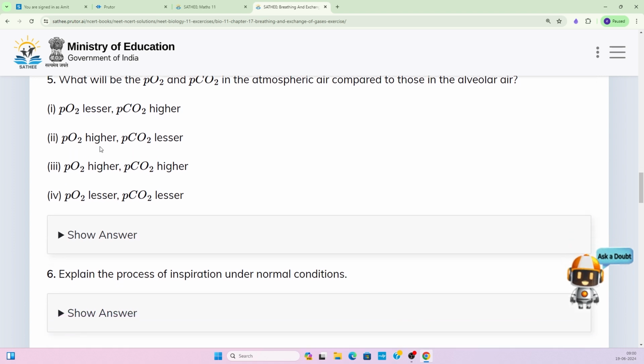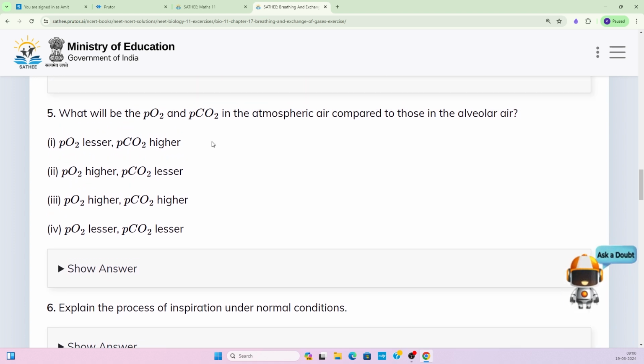Moving to our next question. What will be the partial pressure of O2 and partial pressure of carbon dioxide in the atmospheric air compared to those in the alveolar air? First, partial pressure of O2 lesser and partial pressure of CO2 higher. Second, partial pressure of O2 higher and partial pressure of CO2 lesser.